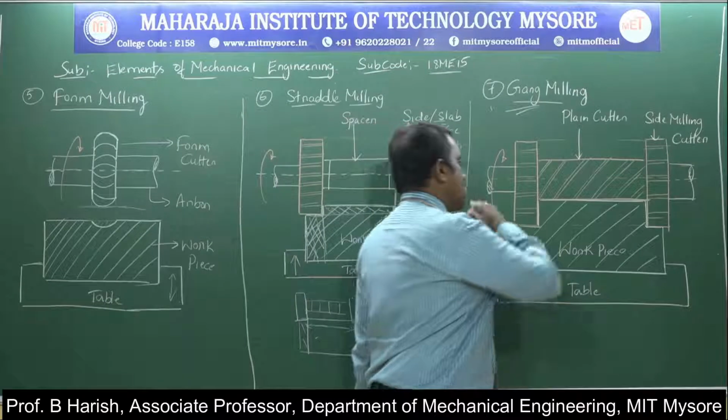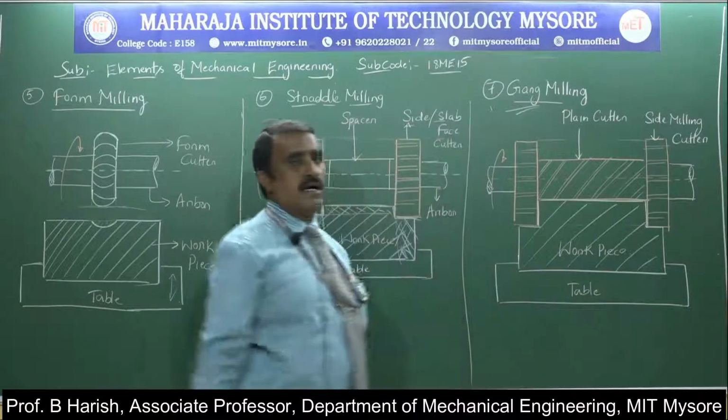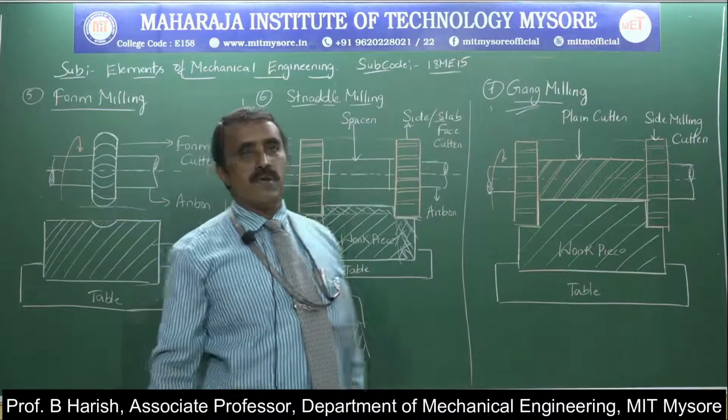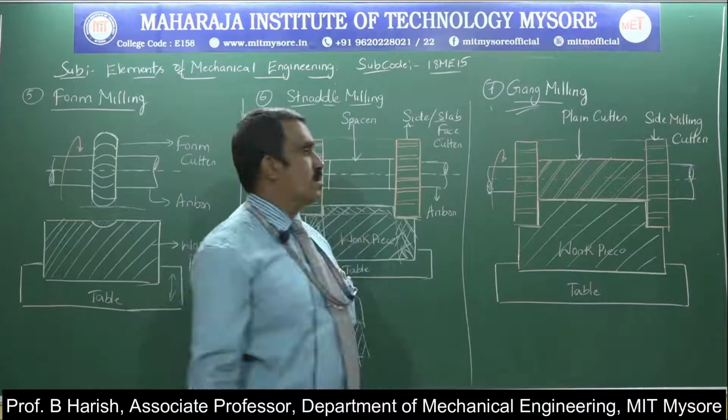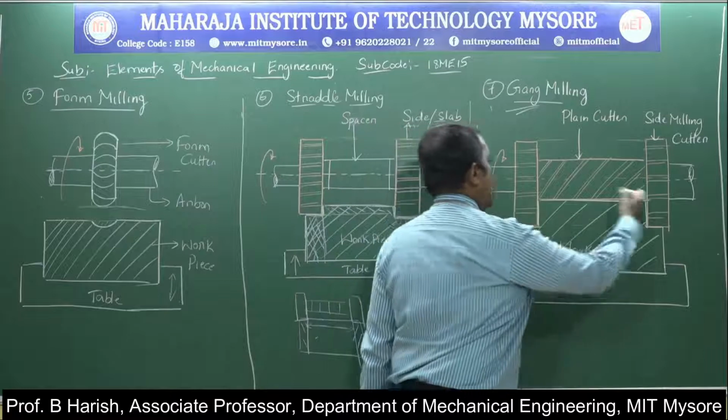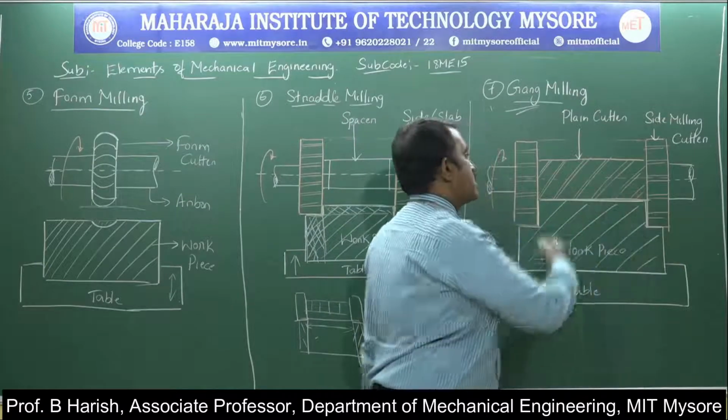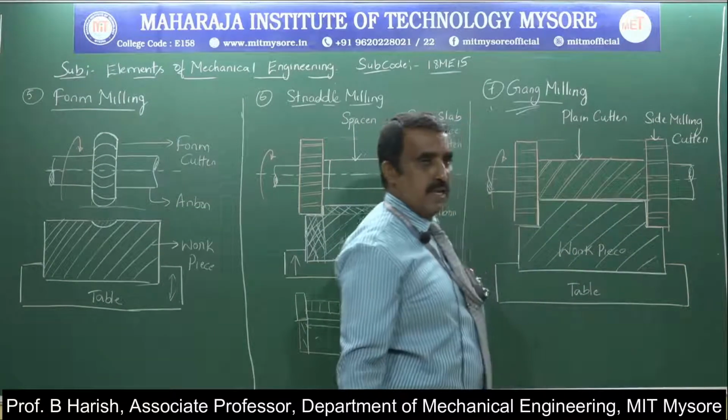Now it is once again clear from the figure that the operation is performed on a horizontal milling machine. It will have two side milling cutters, and in between I have a plain milling cutter.